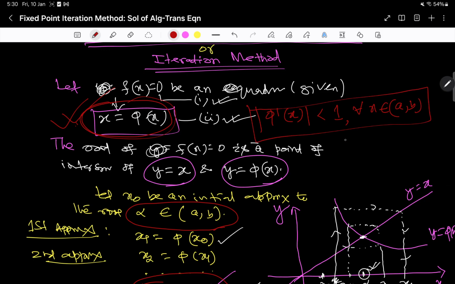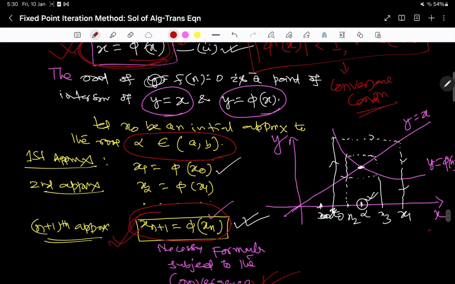Clear? There are different ways of writing x = phi(x), but we choose that phi(x) such that phi'(x) is less than 1. So for a given f(x) = 0, we may have more than one such phi(x), and more than one formula here.